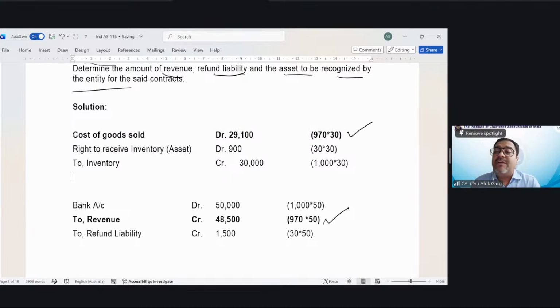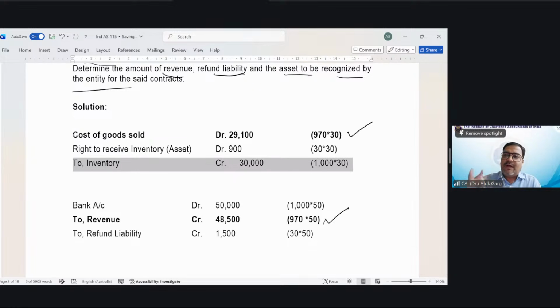But your inventory is out. Like your bank has been credited for 1000 products, your inventory is also out for 1000 products. So you have to debit cost of sales by 29,100 and credit inventory by 1000 multiplied by 30, which is 30,000. Debit by 29,100, credit by 30,000.